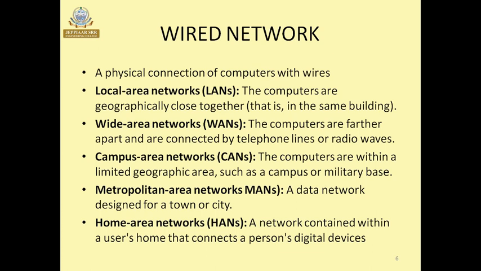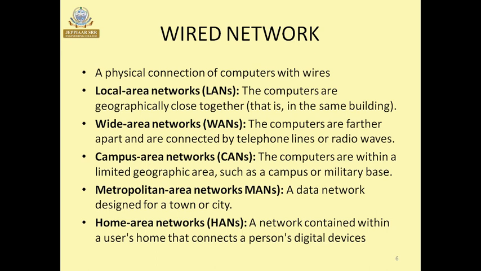Home area networks. A home area network is nothing but a broadband connection at home. A single broadband connection will be connected to a desktop, to the laptops available at the home, and to the mobiles also available at the home. For example, you have a desktop, 2 laptops and 3 mobiles.